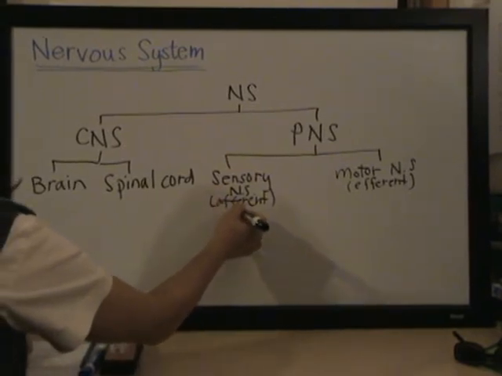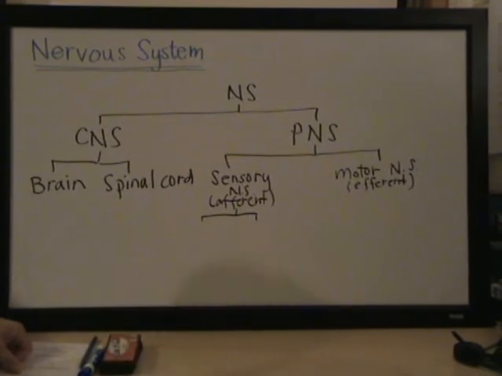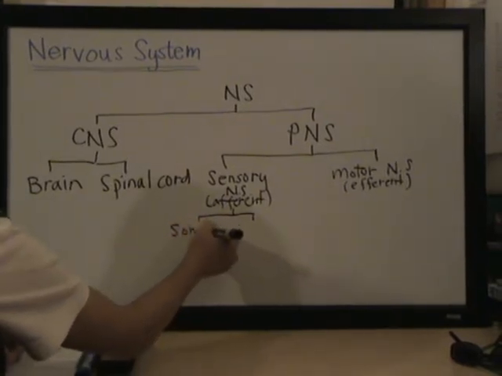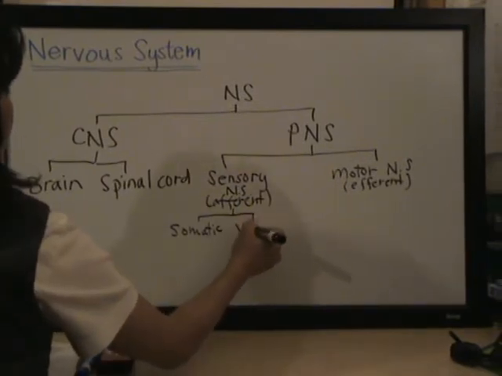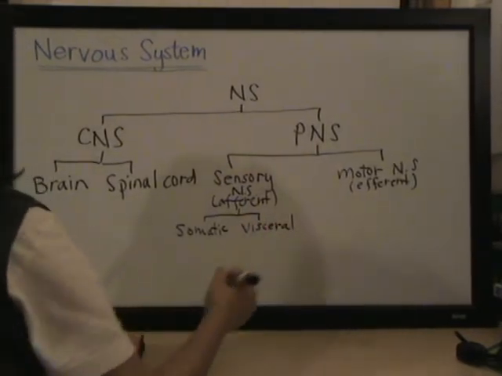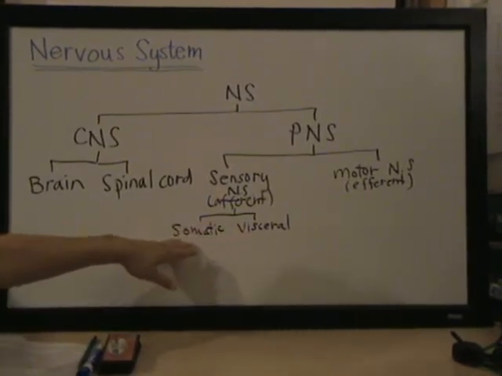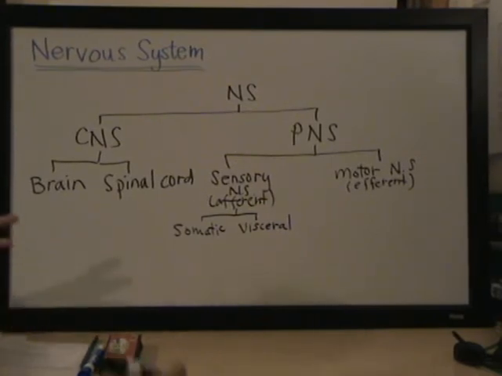Sensory information, so information brought from the senses to the central nervous system, can be divided into somatic and visceral. From the organs, and then from the muscles and glands, which bring information into the central nervous system.